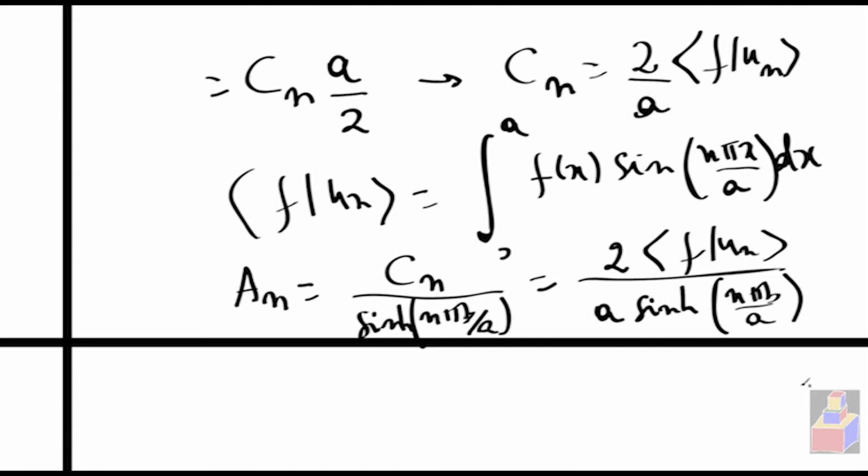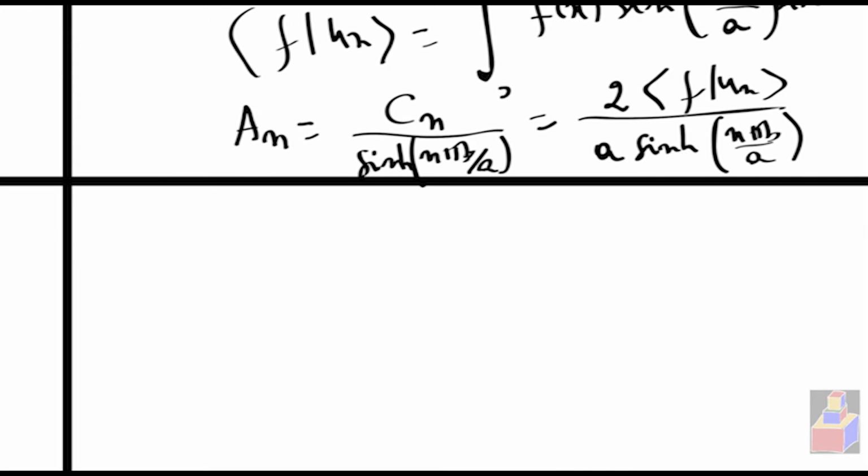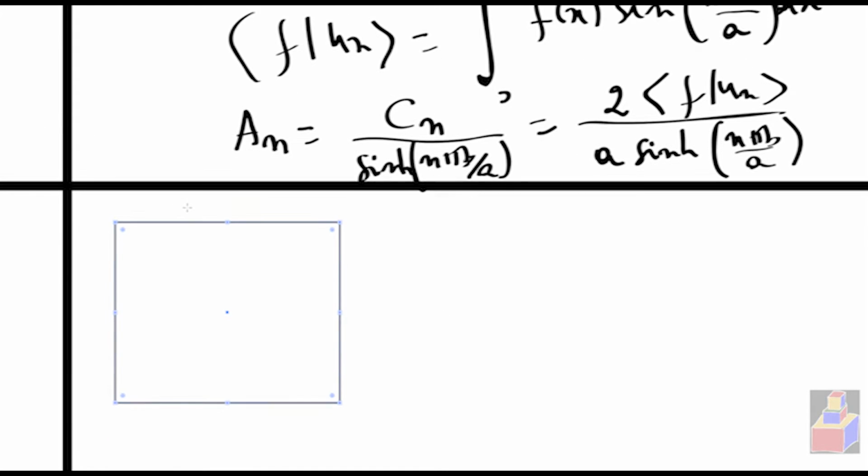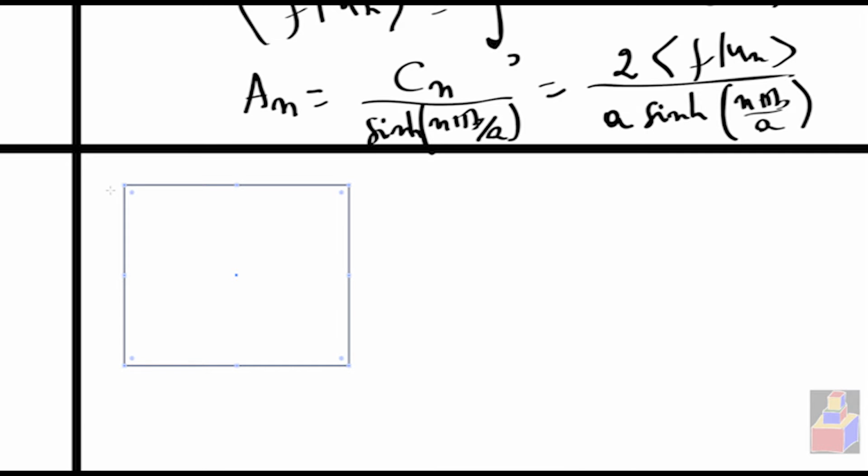So any problem in which you have a boundary like this, okay, in which we have, let's say, a conductor here, and a conductor here, make a conductor region, conductor there. Okay, so we put, let's say, conductors in the boundary.